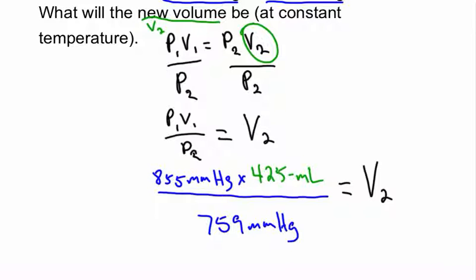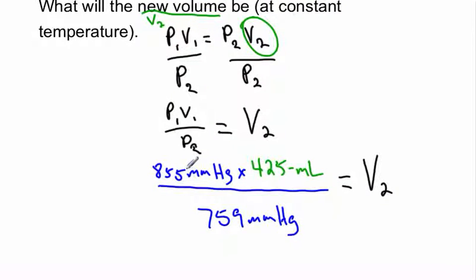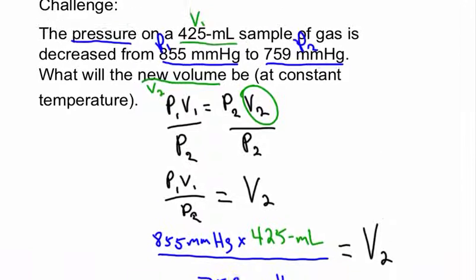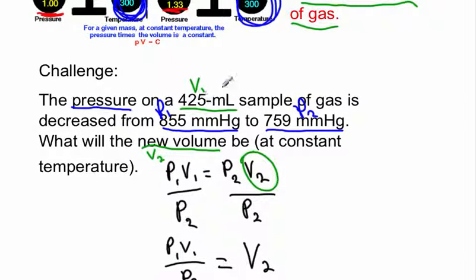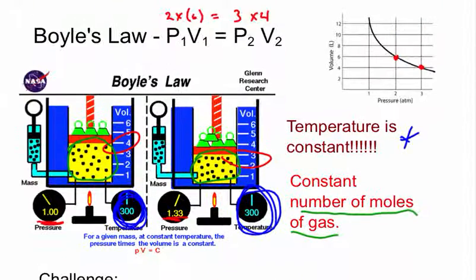Now, before we even finish this, our pressure is decreasing. I want to think of what should happen to our volume. Should it decrease or increase? Well, my pressure is decreasing. It's going from 855 to 759. We go back up to the top here and look at our graph. As pressure decreases, so going from 3 to 2, our volume should increase.